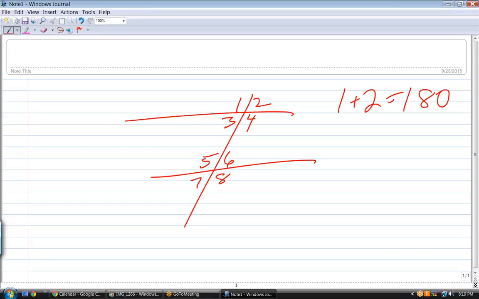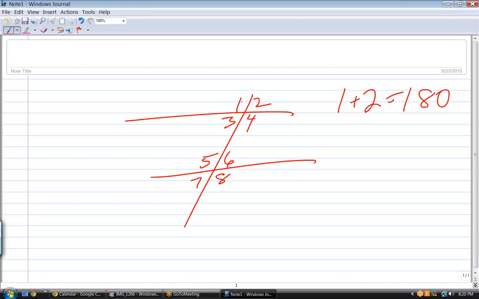Sorry. Angle 4 plus angle 6 is equal to what? 180 degrees because they're linear. They're linear to each other. Well, yes, exactly. That's actually called corresponding angles. So they have a theorem that says 1 is equal to 8 because it's alternate, meaning it's on opposite sides of the transversal.